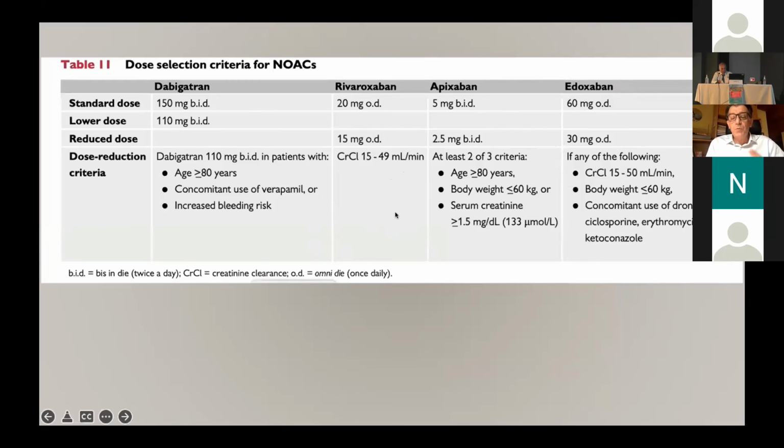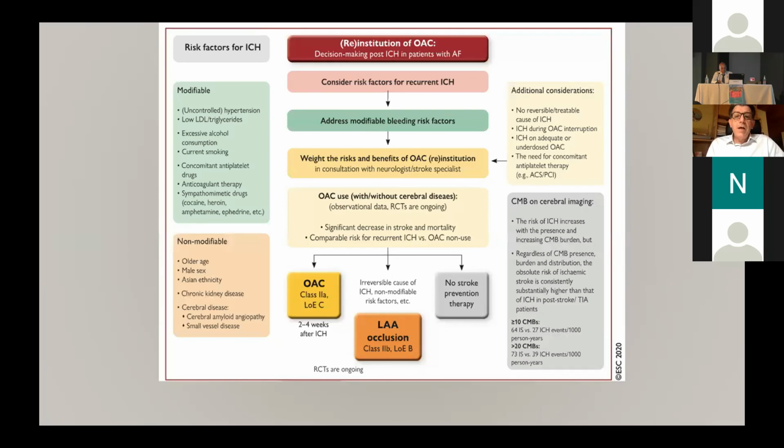We have to have in our mind the renal function for these patients in order to choose the dose of the new drugs. This does not apply to dabigatran, but normally we are using the low dose of dabigatran in these patients.